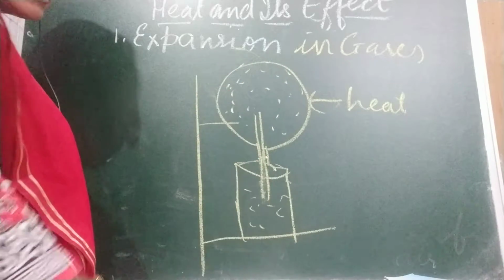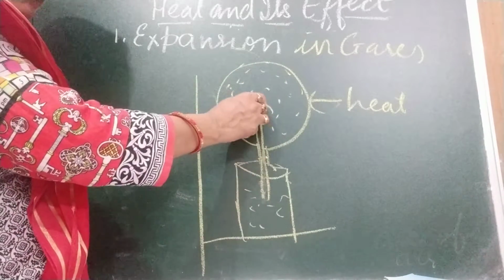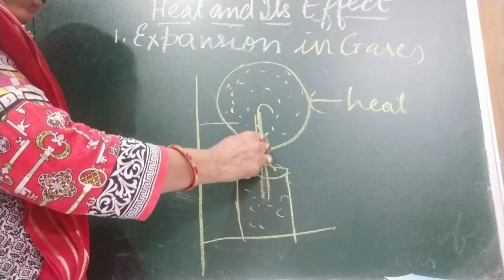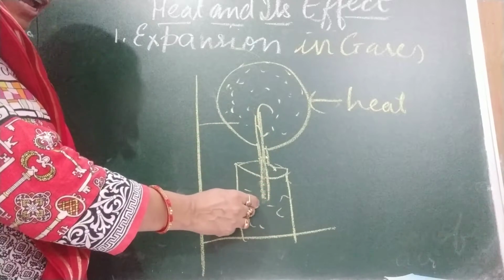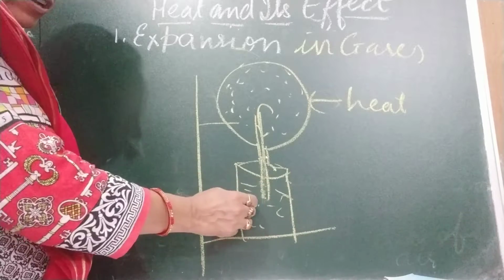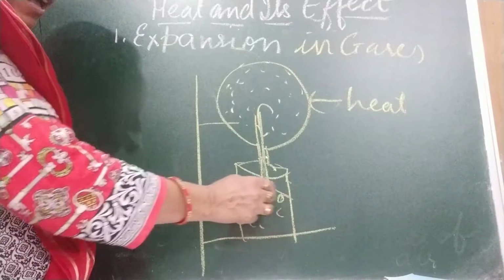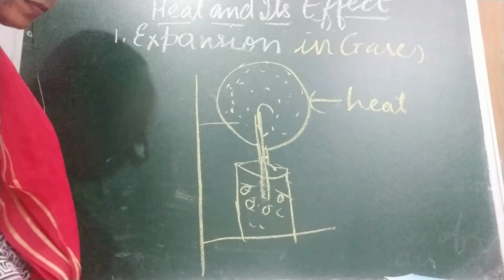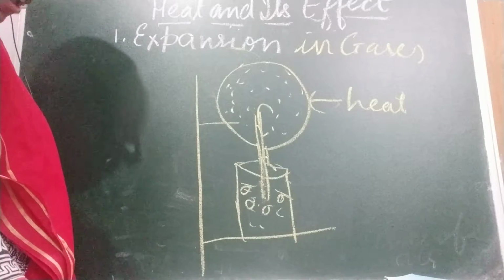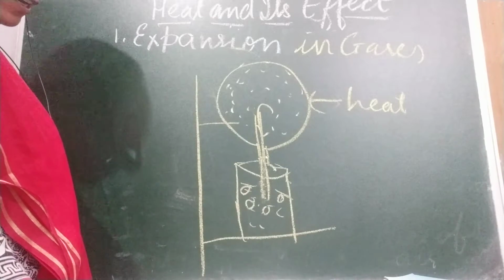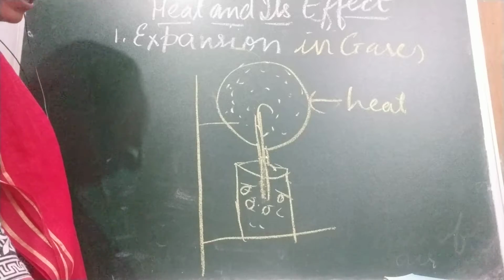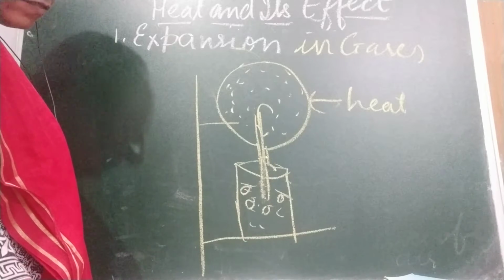It will start escaping. It has room only from here. It will move out from here and go into the water. We can see the bubbles coming in the water. It escapes out of the flask through the tube into the beaker containing water. Bubbles of air can be seen in the water.